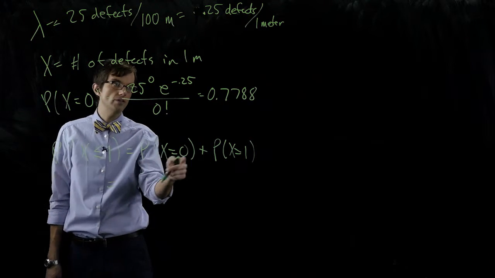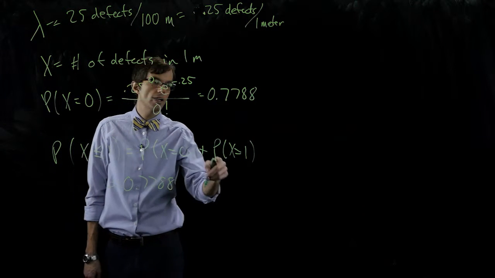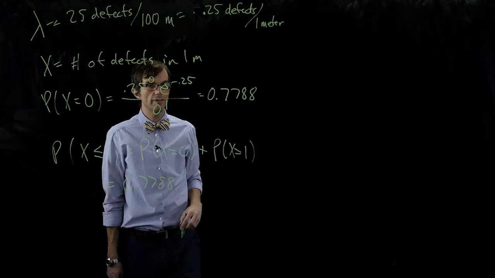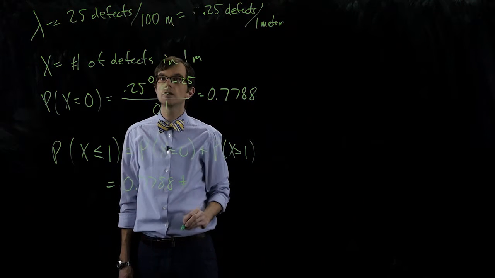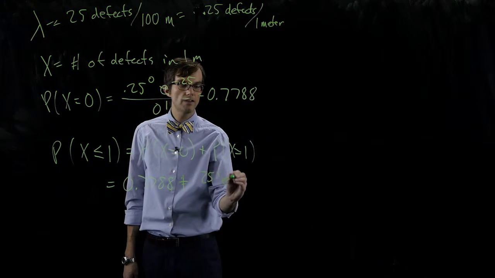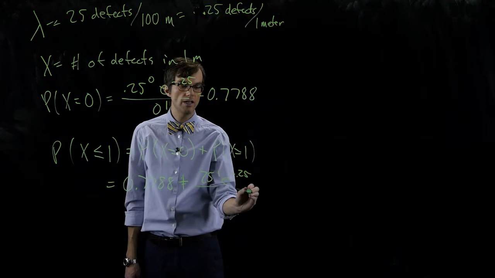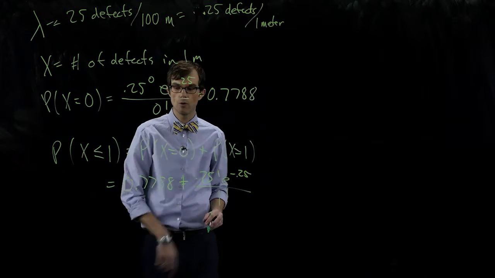Okay? We have this. We just calculated it, 0.7788. And now we can find this. The probability that x takes on the value 1, that is, whoops, we got a plus here, 0.25 to the 1, e to the minus 0.25 divided by 1 factorial. Okay, pretty straightforward calculation.